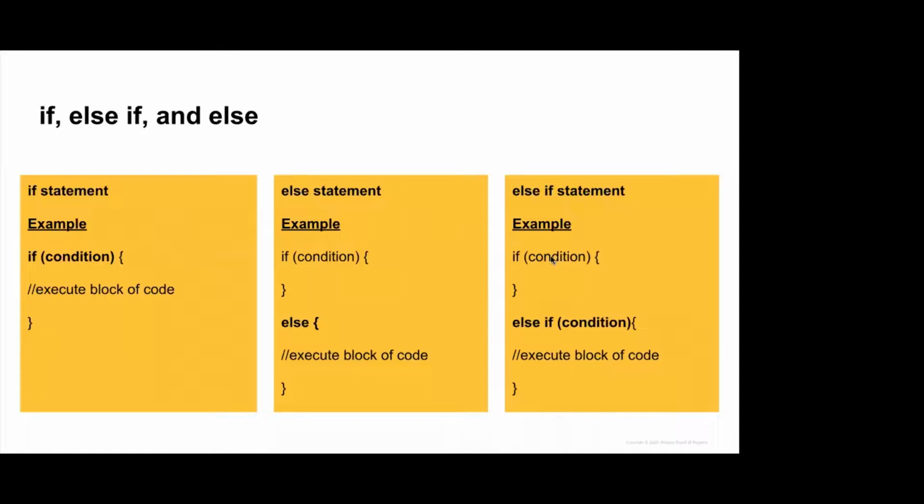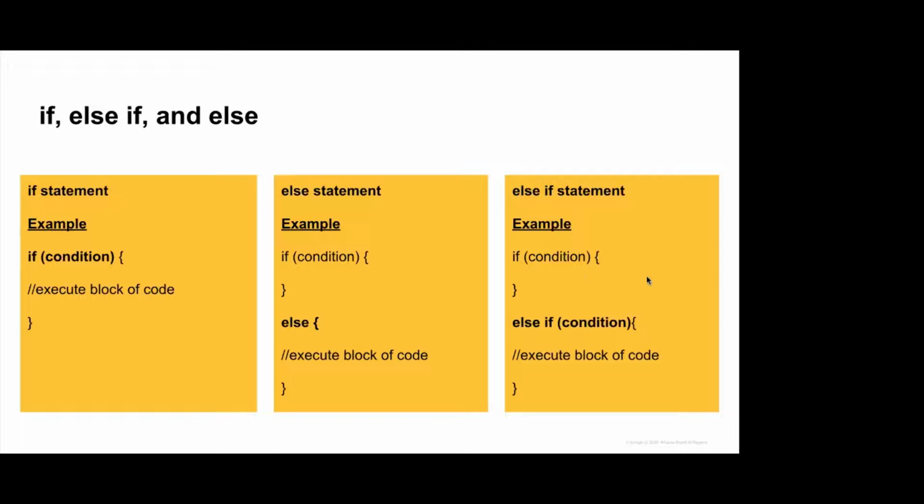And we have the third type of statement, the else if statement. Basically it's just a supplement of the if statement. If the if condition is true, then execute the body part of the if.